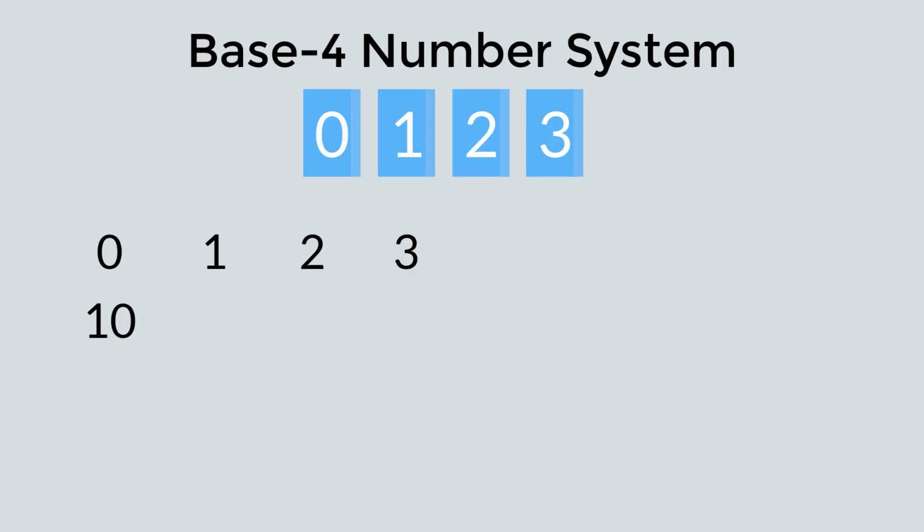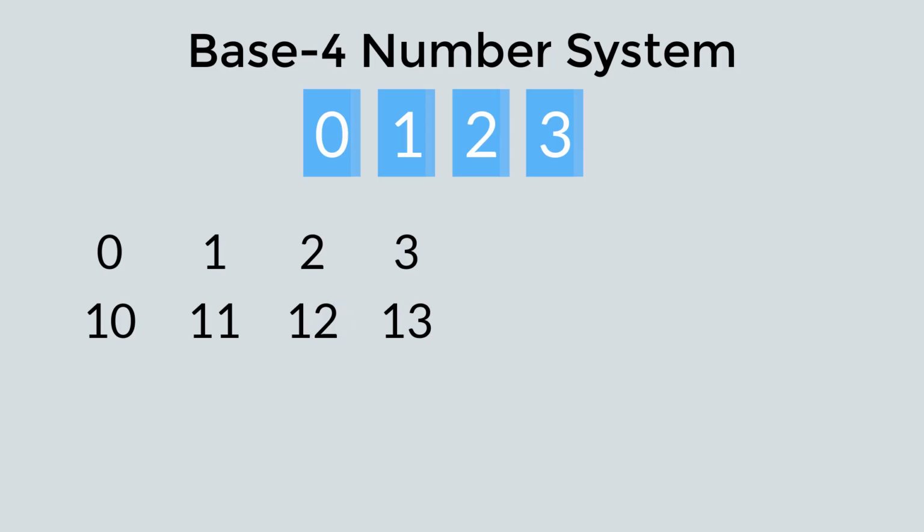In base 4, 1, 0 means one group of 4 and 0 extra ones. Then we continue 1, 1, 1, 2, 1, 3. These mean one group of 4 with 1, 2, or 3 extra ones.